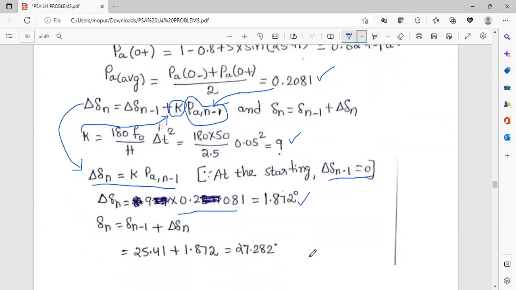Now after getting it, del n equals del n minus 1 plus del omega n. What is del n minus 1? That is del naught. This is the first iteration, so del 1 equals del naught plus del omega 1, where del naught is 0.